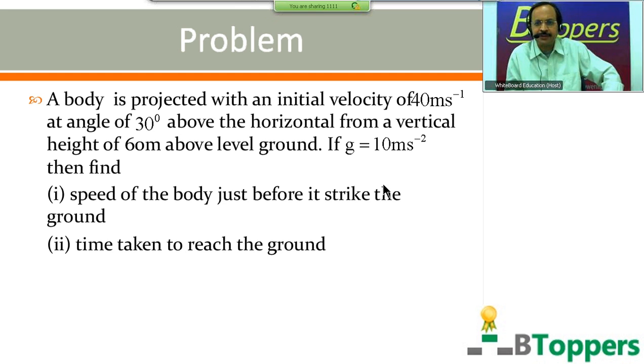If g equal to 10 meters per second square, then find, first part of the question, speed of the body just before it strikes the ground. Second part of the question, time taken to reach the ground. So I am going to discuss this problem now. Look at the solution of this problem.